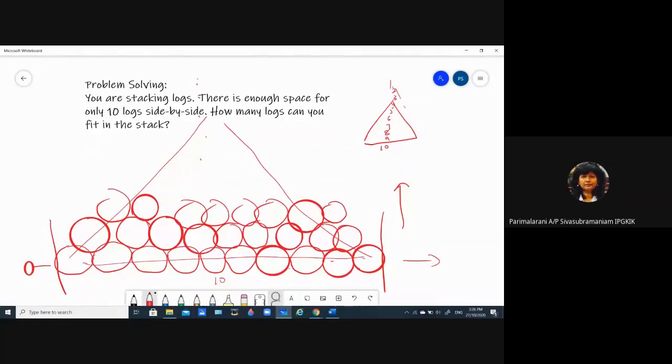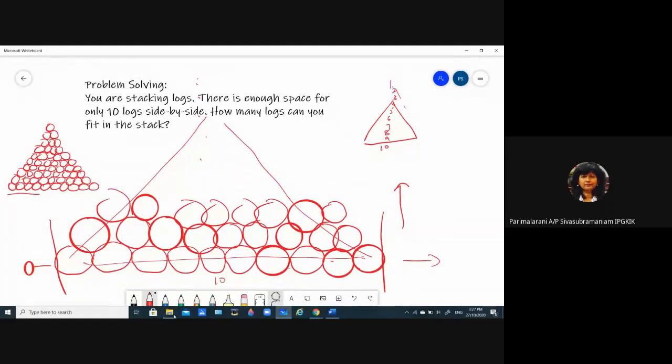I'll draw a nicer picture for you. Okay, so I've drawn the stack here for you.